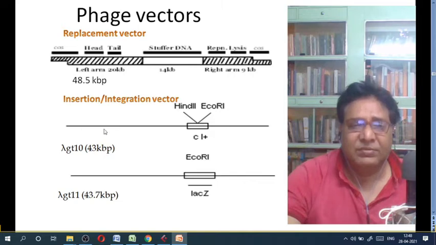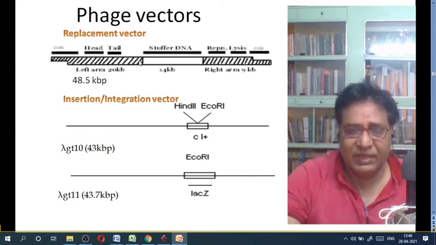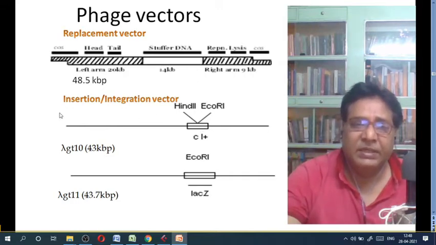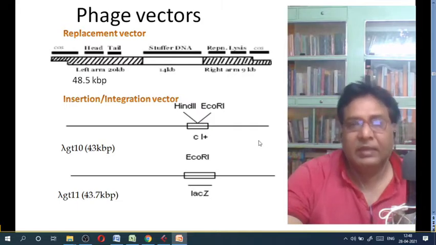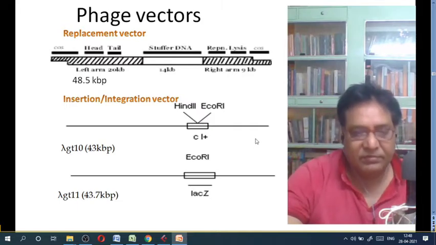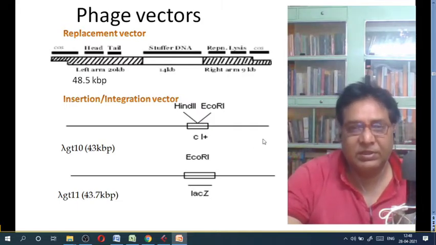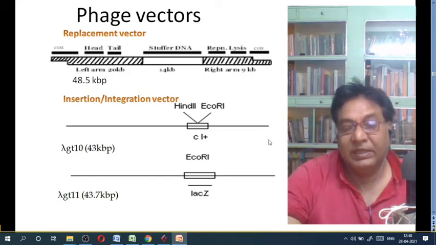In this case, what scientists did is that they have removed this stuffer DNA already, and they have made a ready-made vector so that you can directly go for your restriction digestion and cloning without going for the gel electrophoresis in the middle. That is in fact limiting your time. That is delaying the process.